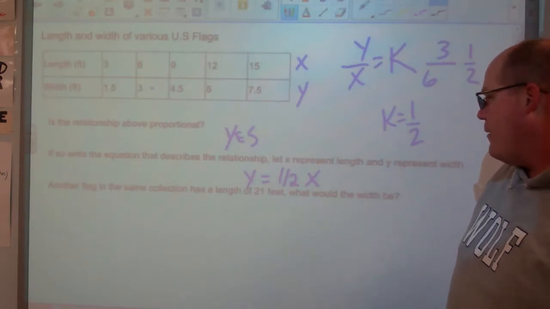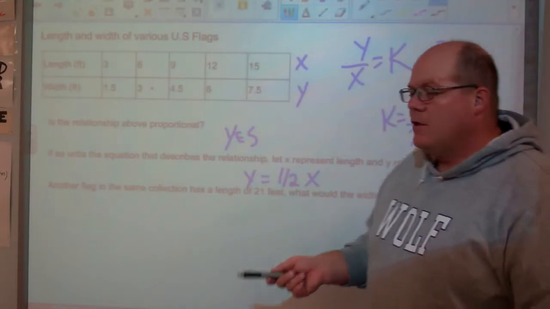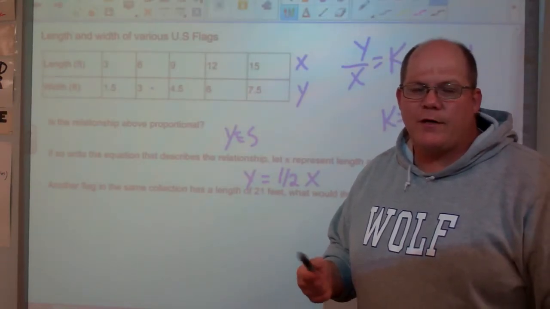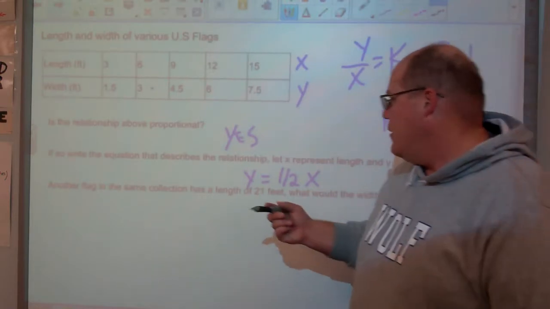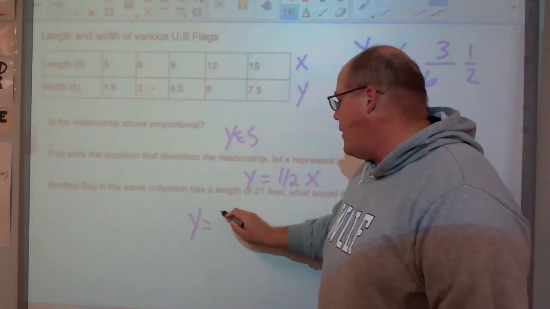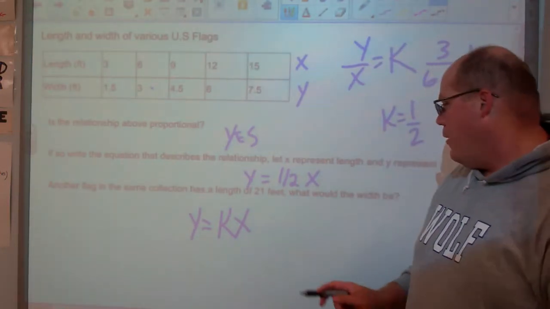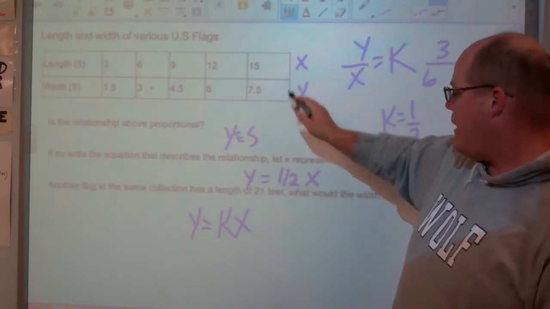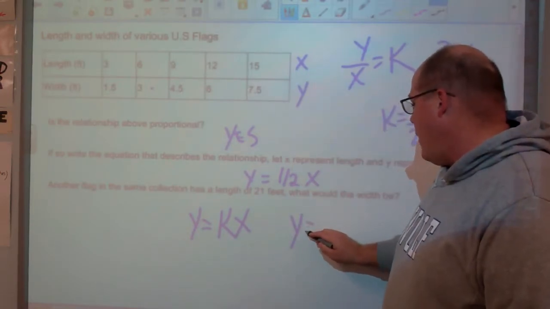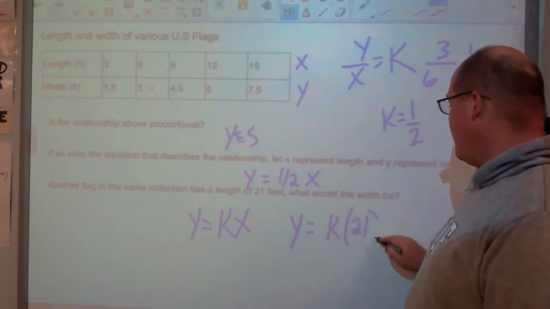Another flag in the same collection has a length of 21 feet. What would the width be? Now they're asking us to predict what the width would be if we know what the length is. So let's write our equation, y equals kx, and fill in what we know. The length is 21 feet, that is our x. So y equals k times 21.